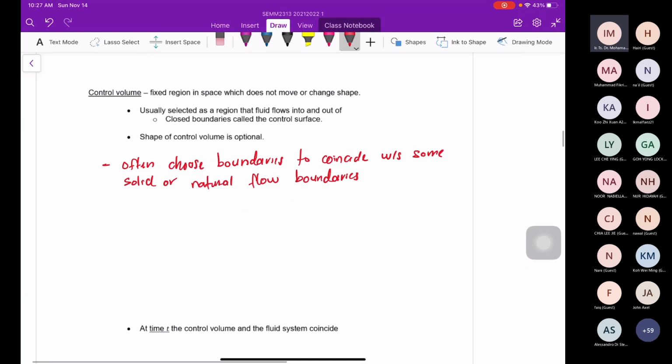For example, we have the nozzle, and at the initial point, the fluid will flow here. This is the fluid. And then the fluid system consists of this, surrounding the fluid. When we define the control volume, normally we assign the same location as the system, which is here.